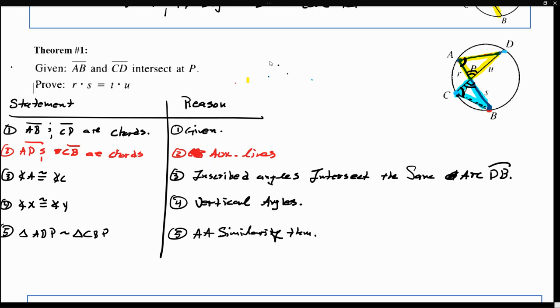And since I know that those two triangles are now similar to each other, now I can use those ratios.